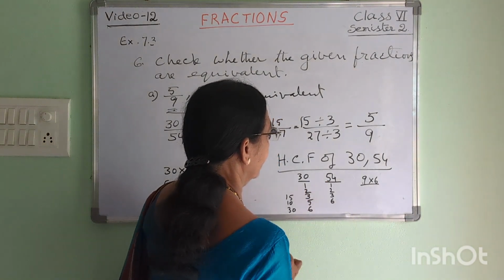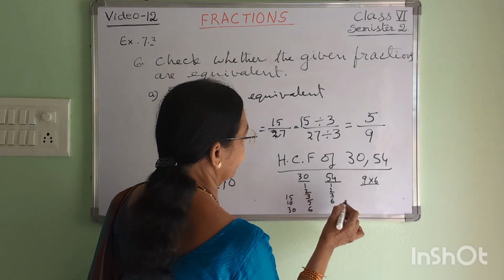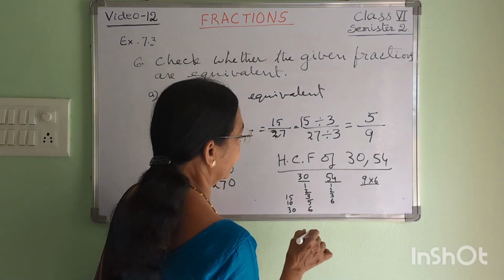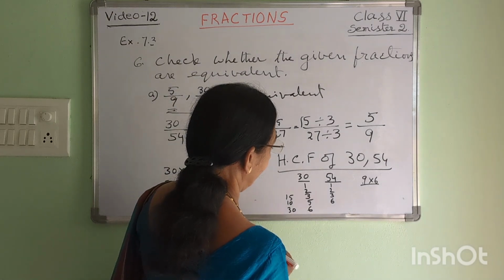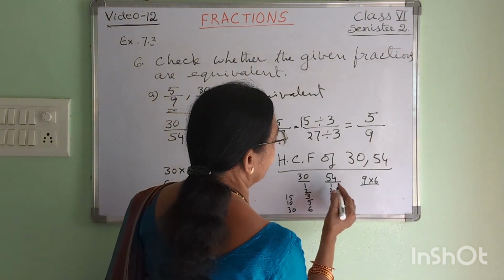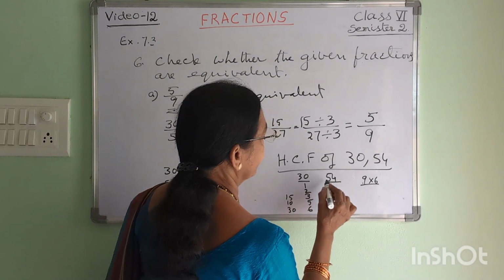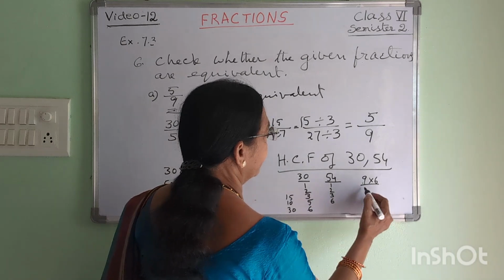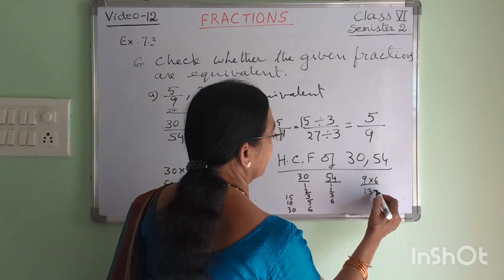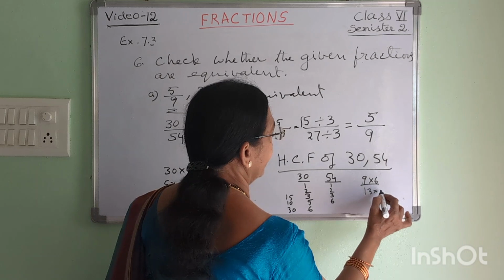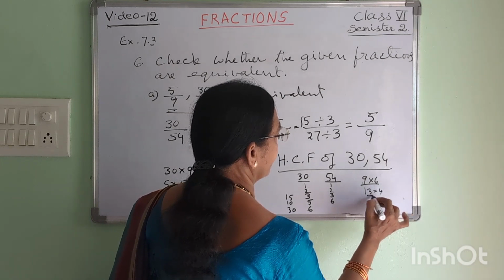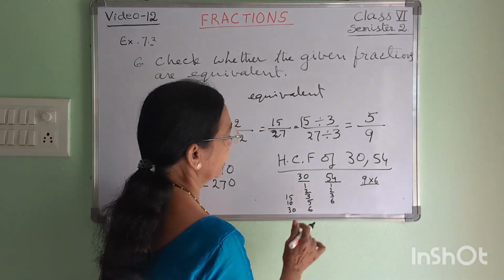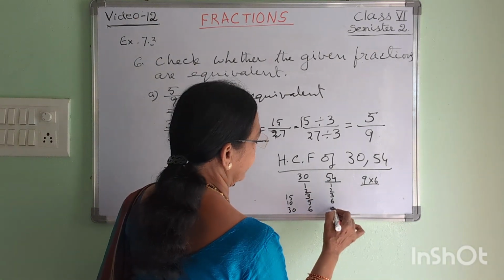Next, 10 is not a factor, 11 is not a factor, 12 is not a factor, 13 is not a factor, 14 is not a factor. So next, 54 is a factor.